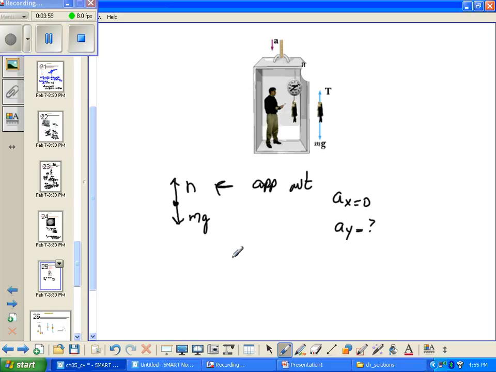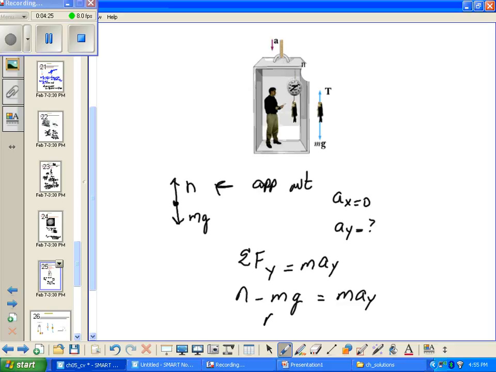Well, let's go ahead and write down Newton's second law along the vertical, and you can see that we've got the normal force, which will be the apparent weight, minus mg equals ma sub y.